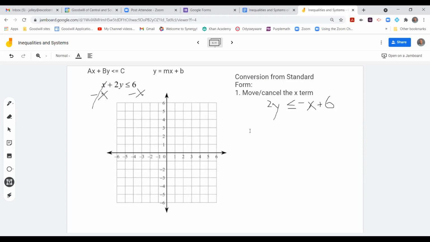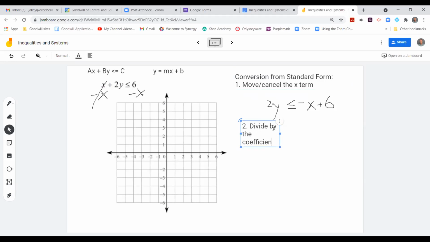So for the second step of this conversion, divide by 2. And I'm going to be a little bit more general than that. We're going to divide by the coefficient of y, because that's what the 2 is.